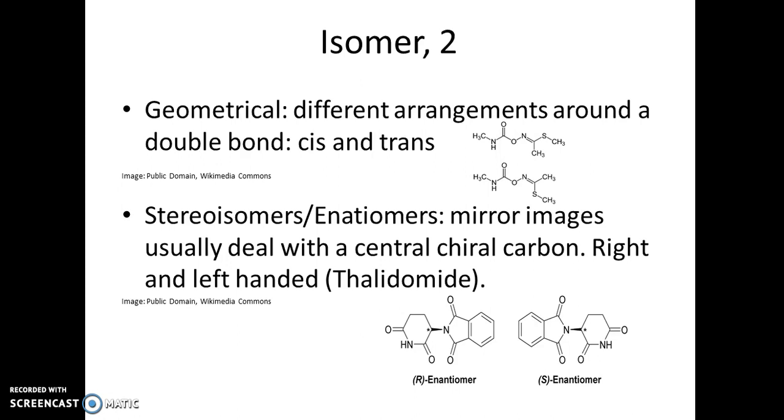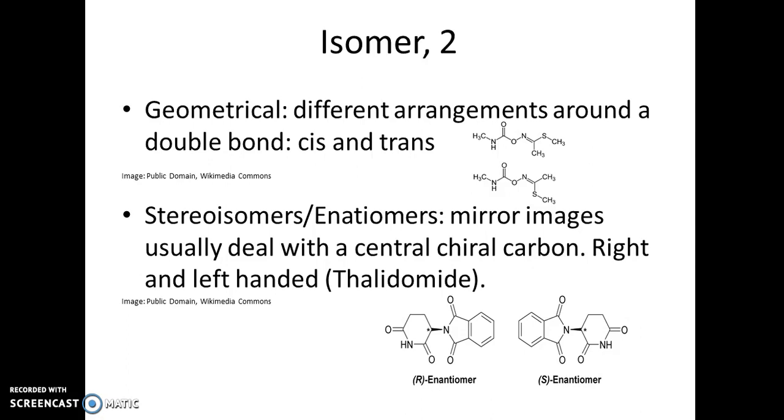And thalidomide is a drug that was given to young women back in the day, 70s and 80s, to reduce morning sickness. And if they got the wrong stereoisomer, then their child ended up with severe birth defects. So they do have implications because shape is everything. So those are isomers.